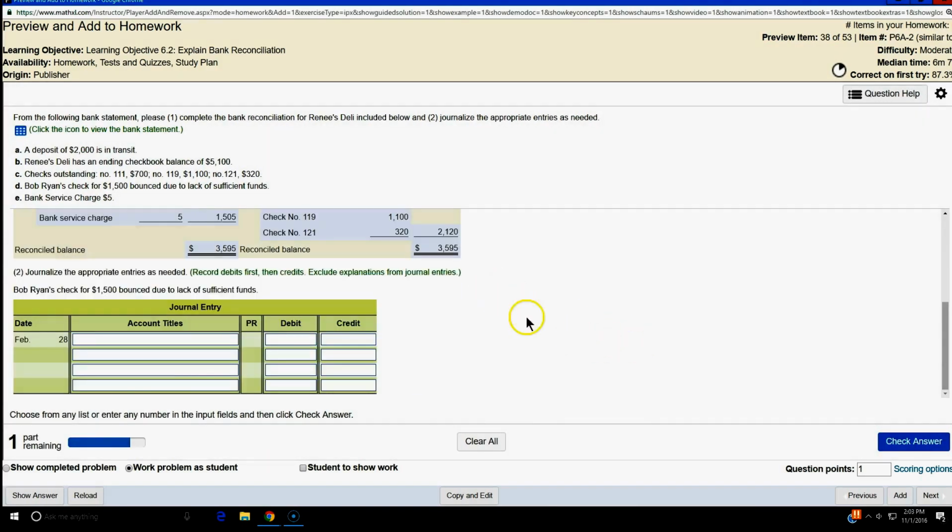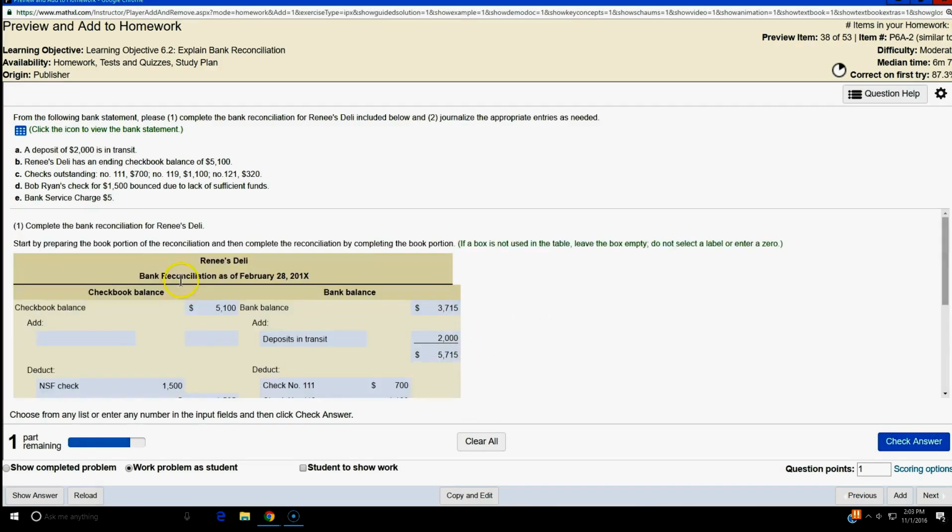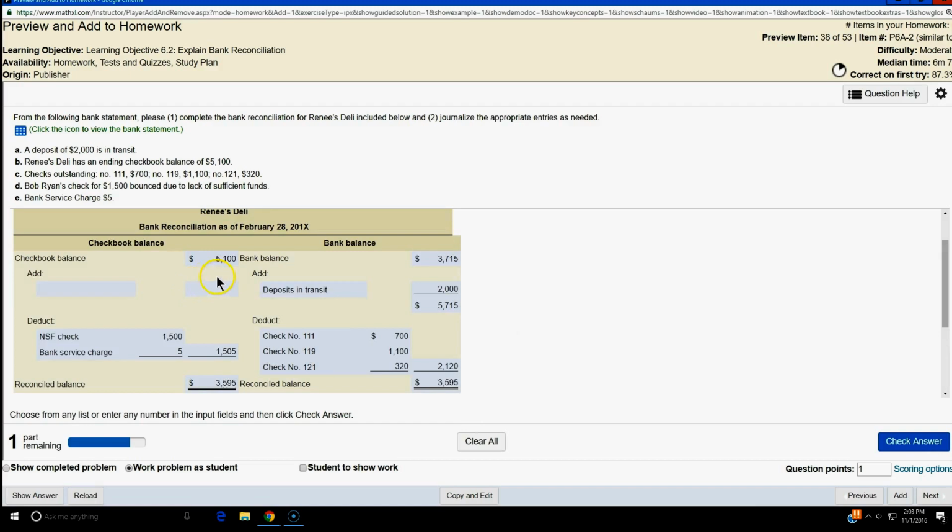Then the next part of the problem has to do with anything that was recorded on the book side of the reconciliation. There were no additions, so there'll be no debits to cash.